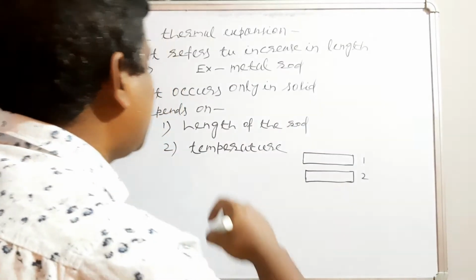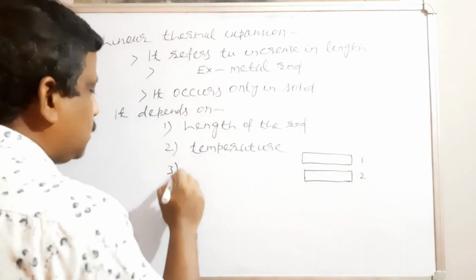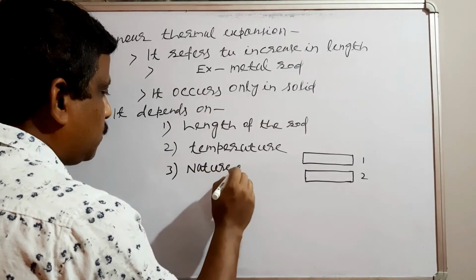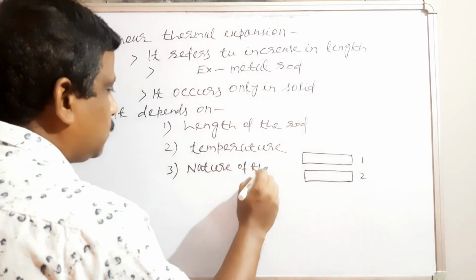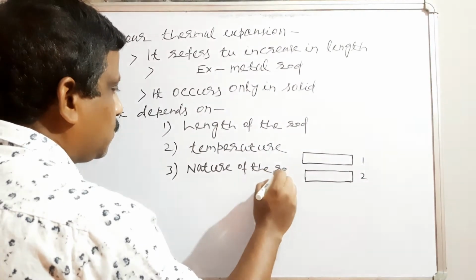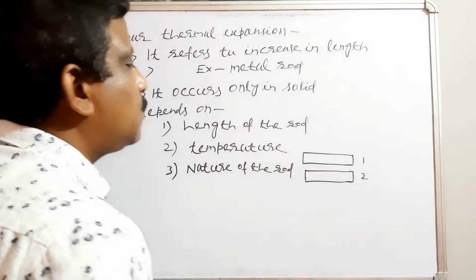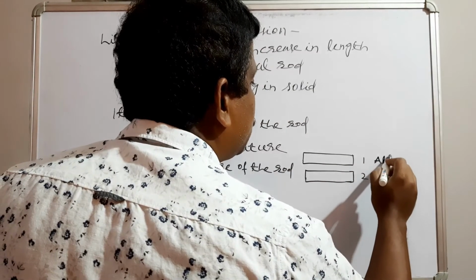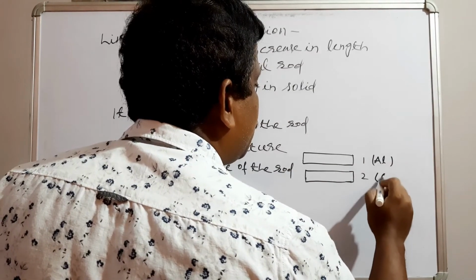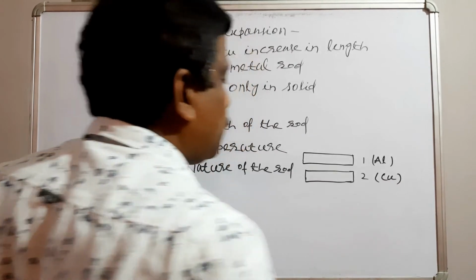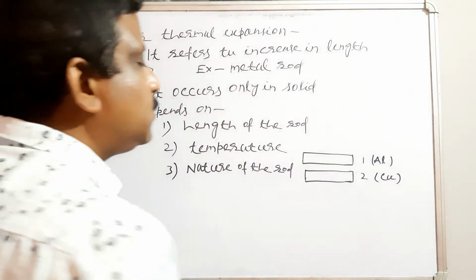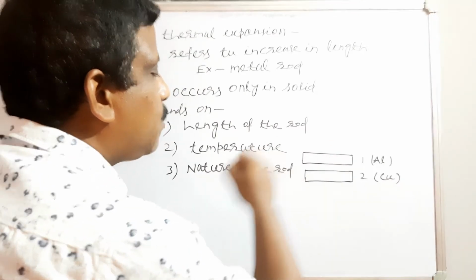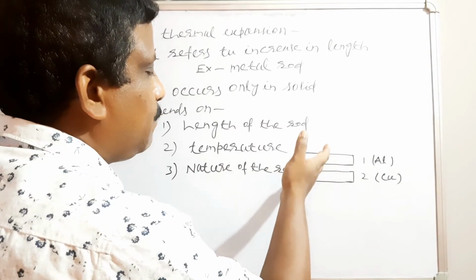Another factor affecting is the nature of the rod. Suppose the first one is made of aluminum and the second one is made of copper. Both have the same length and we are giving the same amount of heat, but the metal is different.